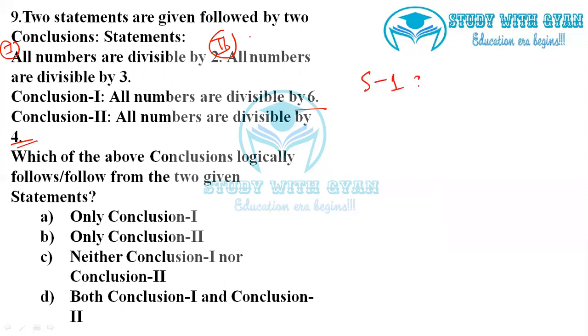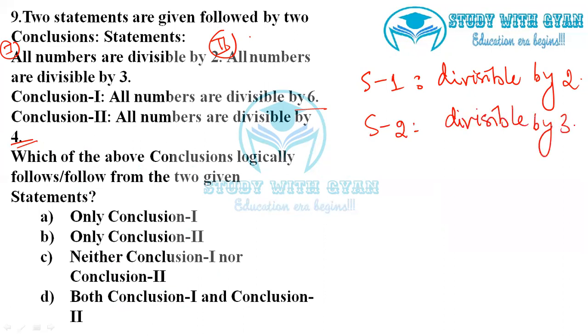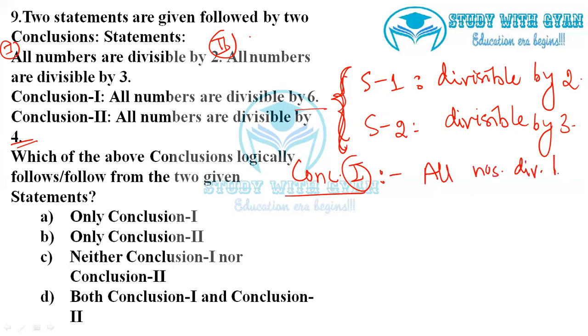Statement 1 is saying the number is divisible by 2, and statement 2 is saying the number is divisible by 3. So first I'll see conclusion 1. Conclusion 1 says all numbers are divisible by 6. What is the divisibility rule of 6?